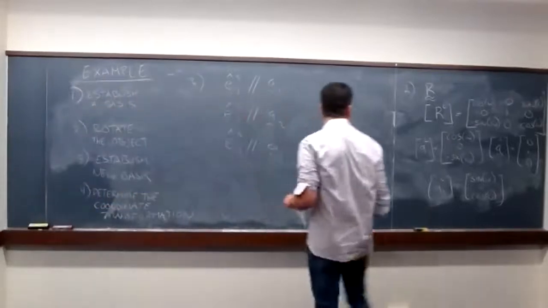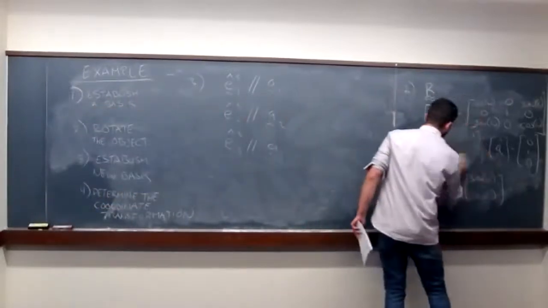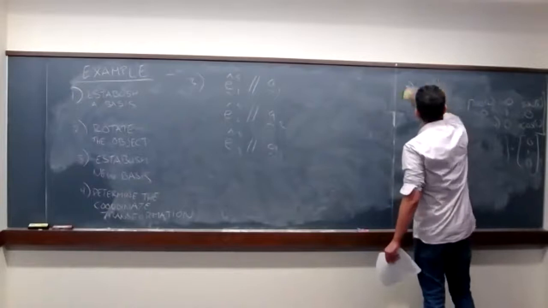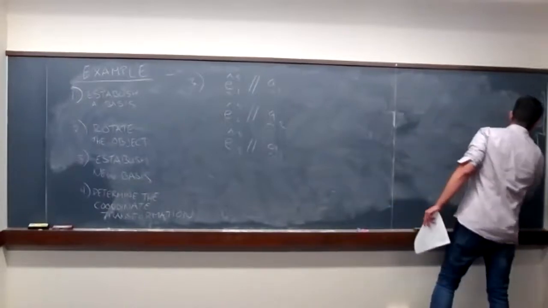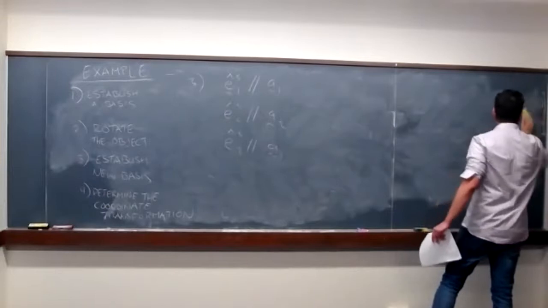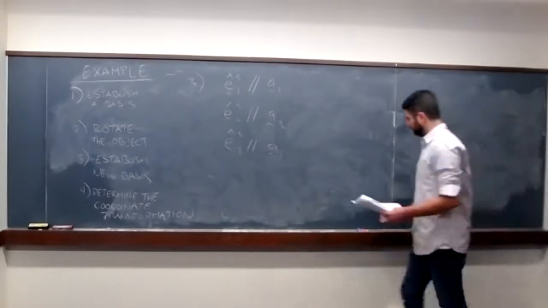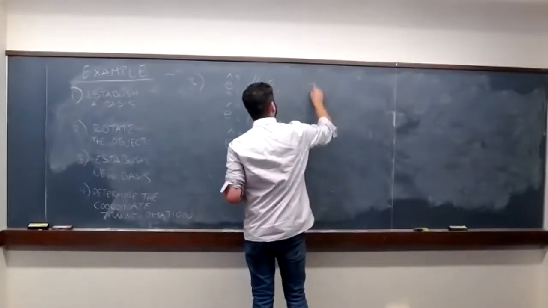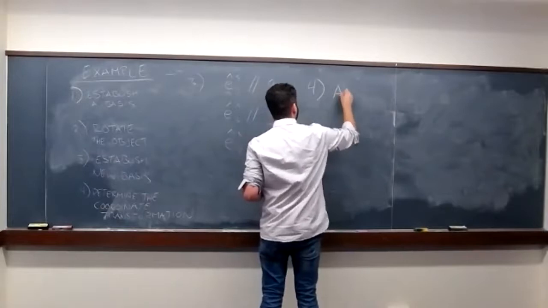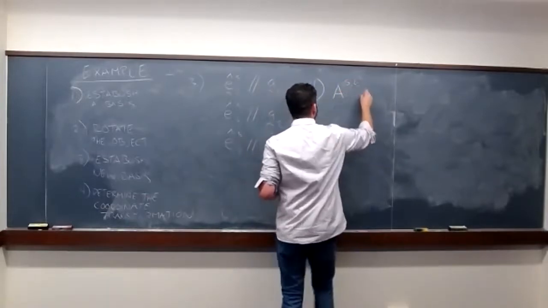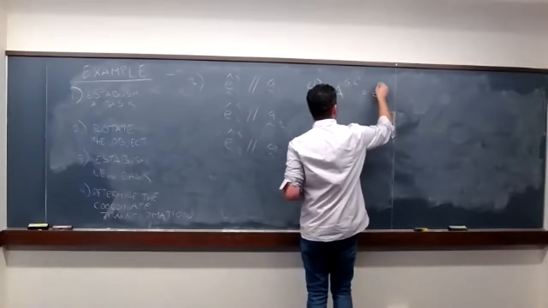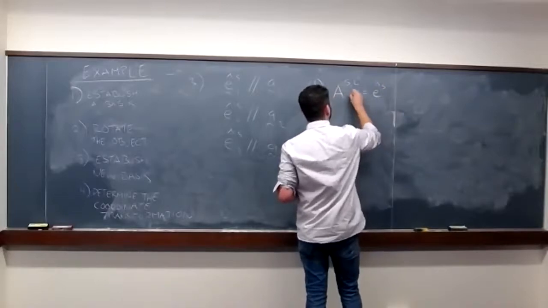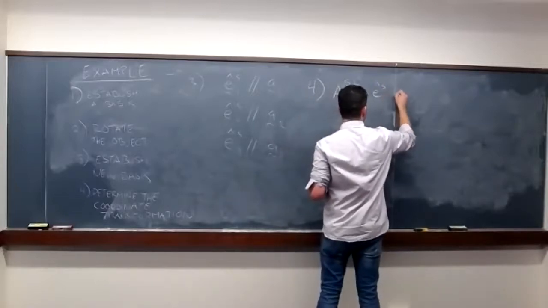And now the last step is we're going to calculate the coordinate transformation from the sample frame to the lab frame. So our transformation A is equal to the dot product of the new basis dotted with the old basis.